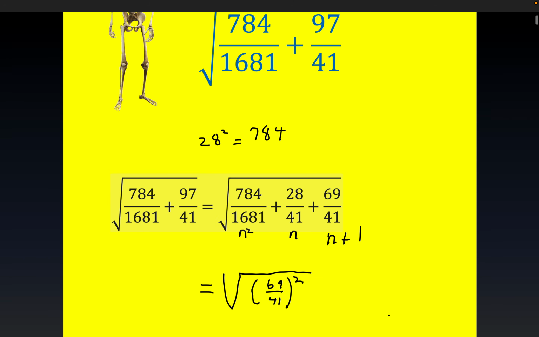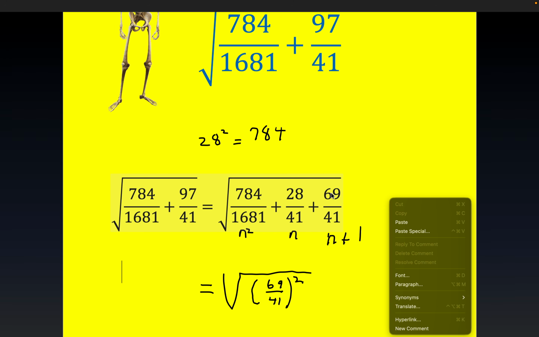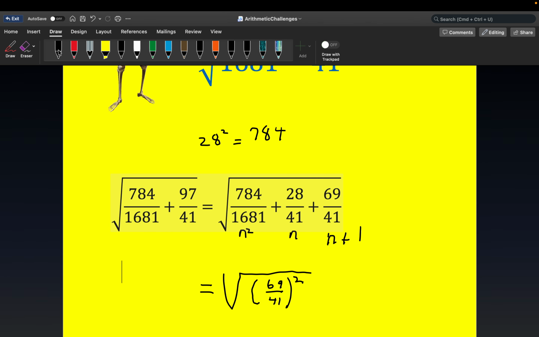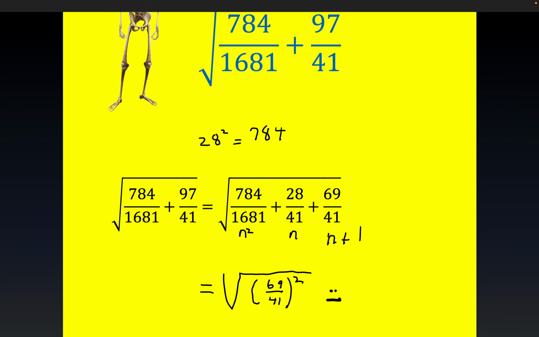So we have 69 over 41, okay? So there you go. That's what it's all equal to. This whole object right here is equal to this. But then this would be equal to 69 over 41.